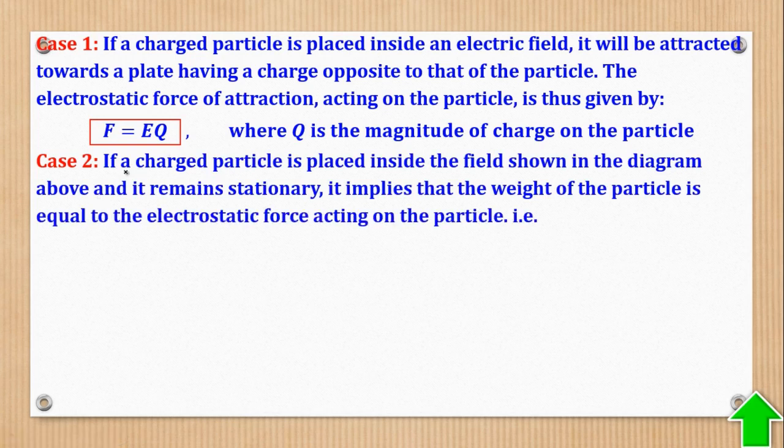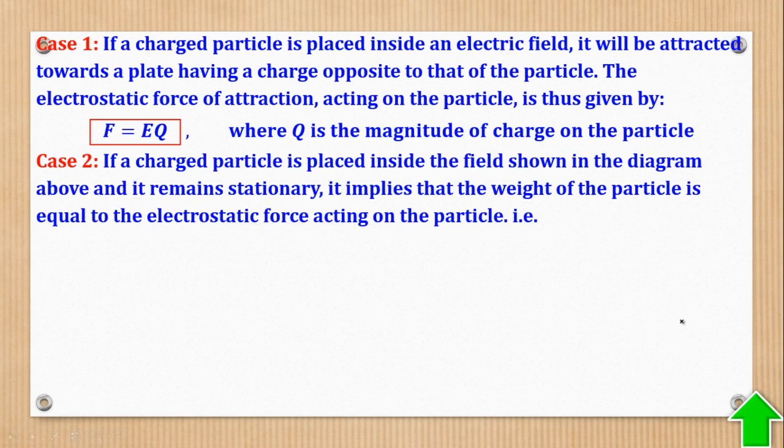Case 2 says that if a charged particle is placed inside the field shown in the diagram above and it remains stationary, it implies that the weight of the particle is equal to the electrostatic force acting on the particle.